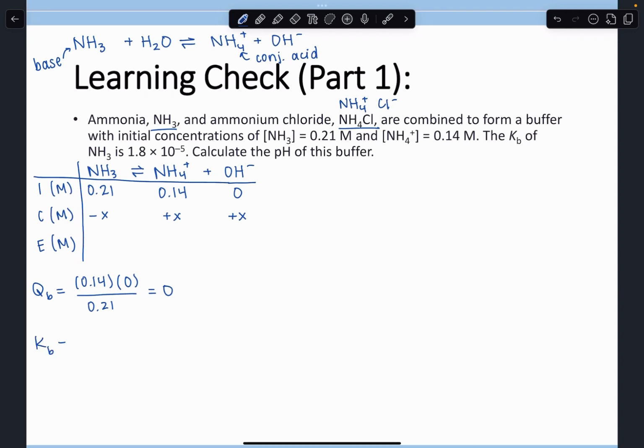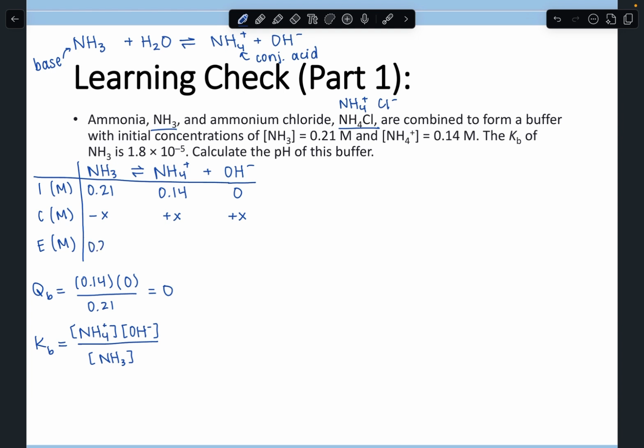So Kb equals the concentration of NH4 plus times the concentration of OH minus divided by the concentration of NH3. And this is all at equilibrium. We don't have any equilibrium concentrations or information other than Kb.